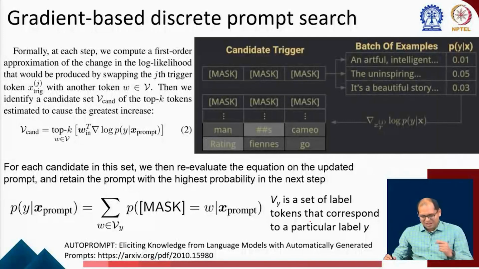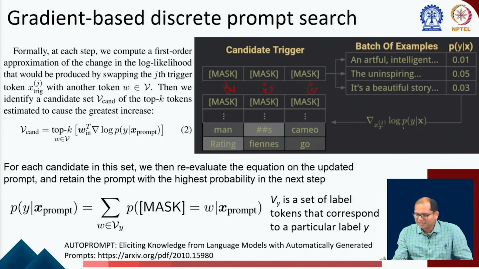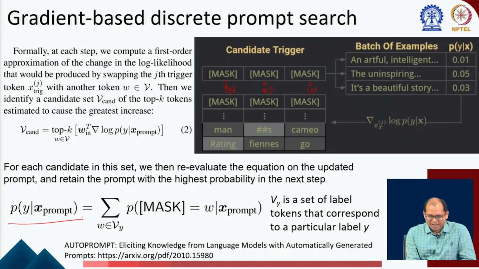Good. So what will happen after this? I will find some k possible replacements per word, and then I will compute the probability of y given the x prompt.